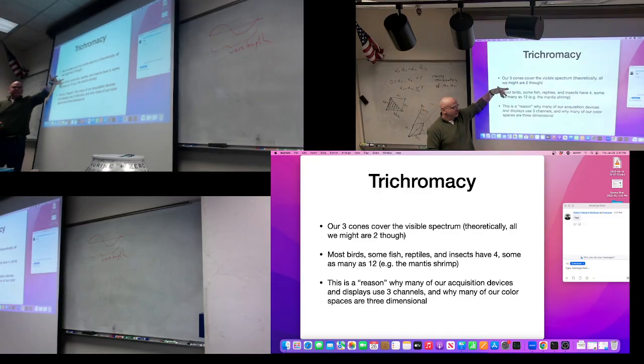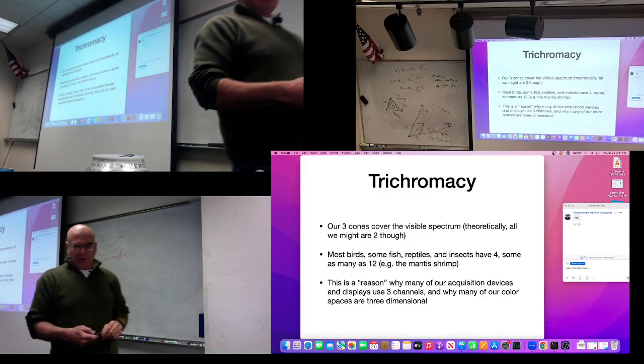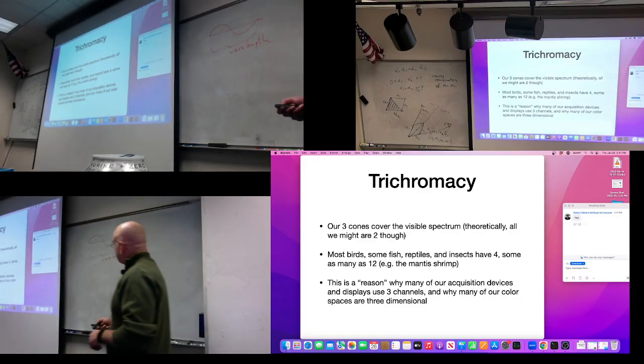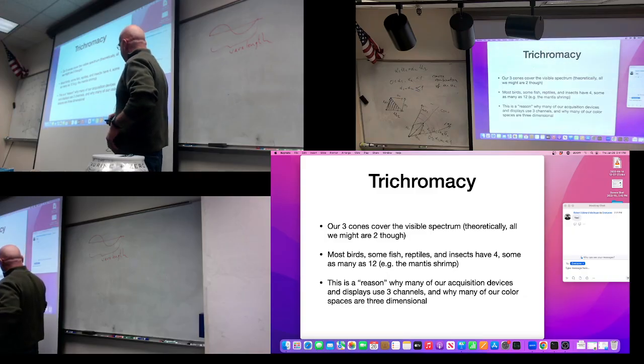So we have these 3 types of cones plus another type of cell we'll get to in a moment that is very good at identifying little amounts of light, but doesn't show much sensitivity to which frequencies this light is. And we are not, as animals, particularly sensitive.